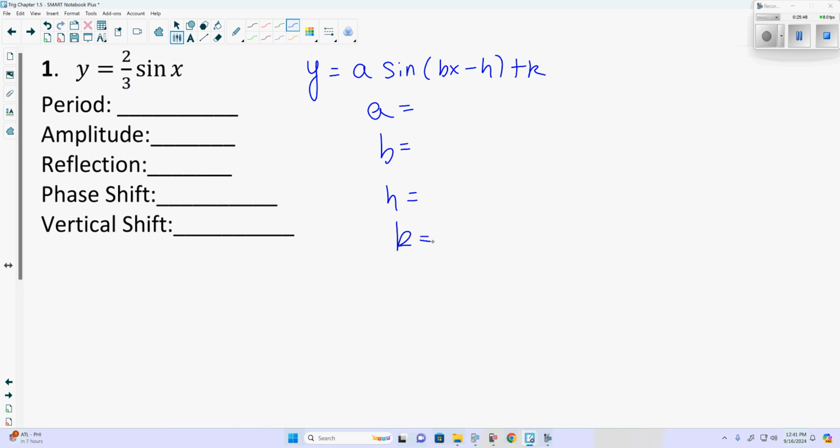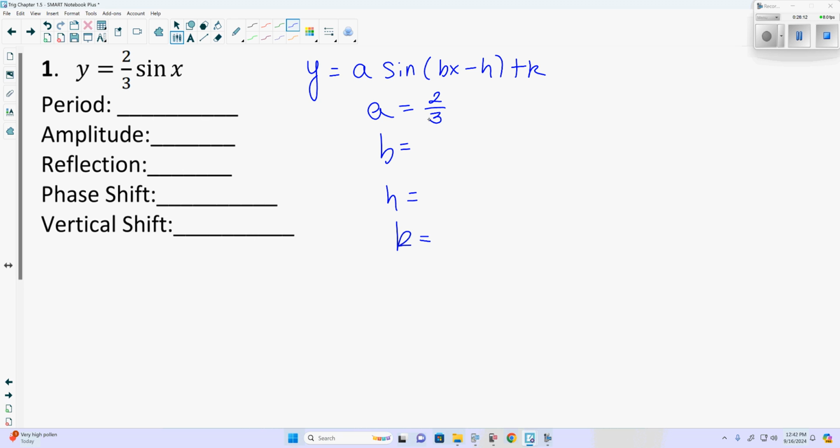All right, we're ready for the next one. Most of the rest of these will end up dealing with sine, but sine and cosine will work almost the exact same. Now, what's our value of A for this here? 2/3.